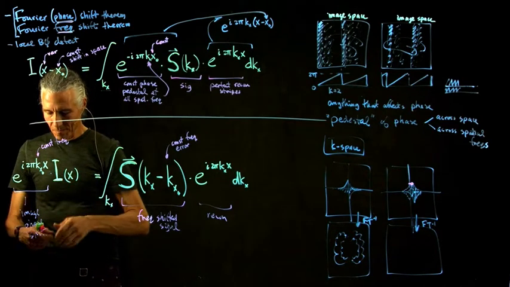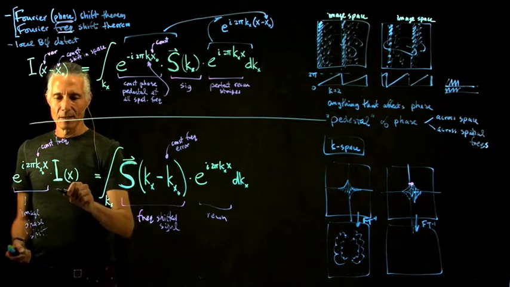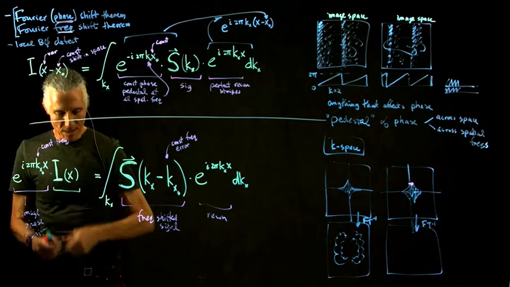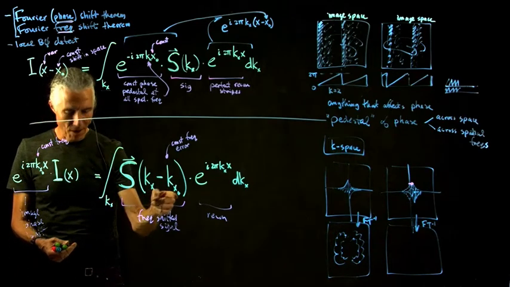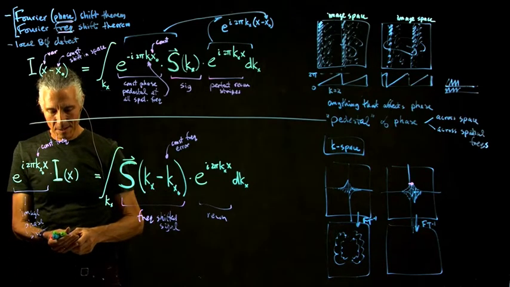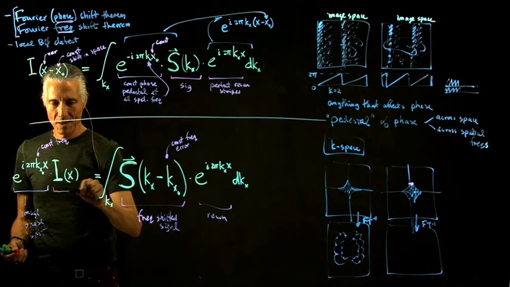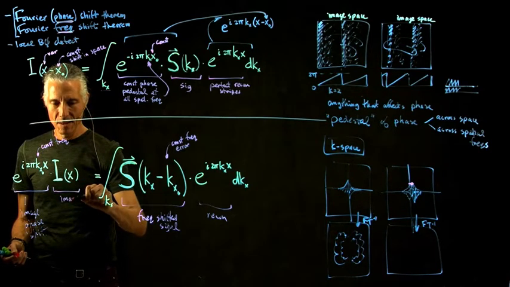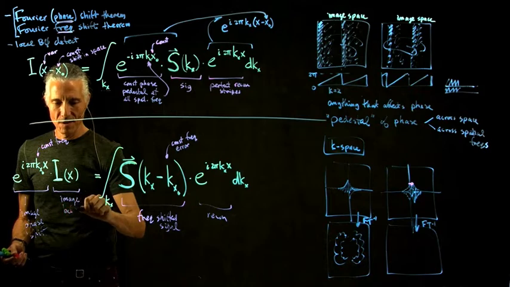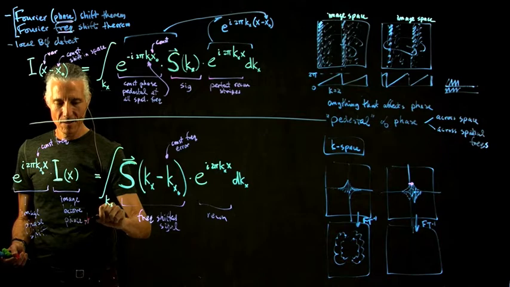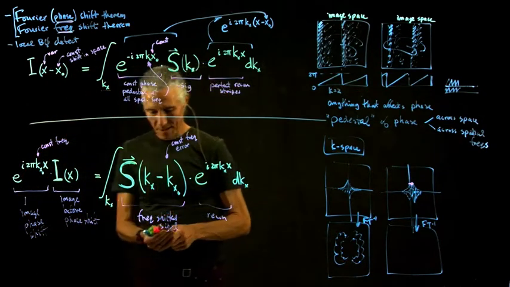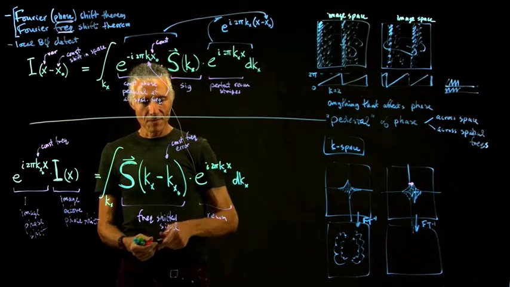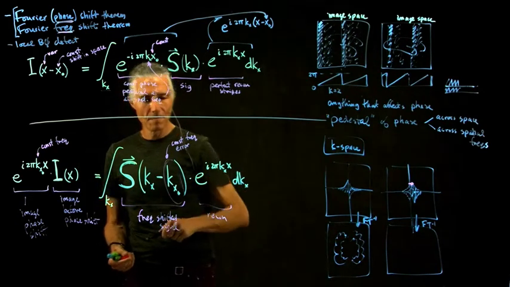So this is our original image that we would have gotten if we hadn't had this offset, the image before phase shift. So that's what we would have gotten if we didn't have this defect here. So here's our defect.